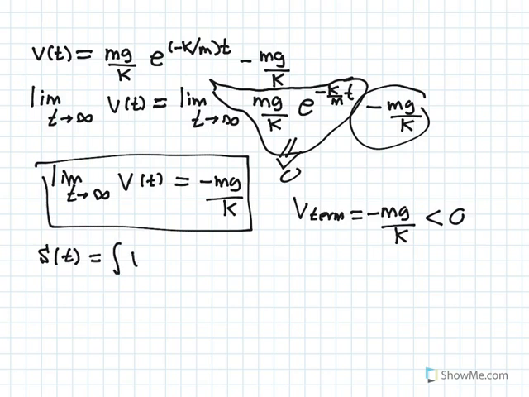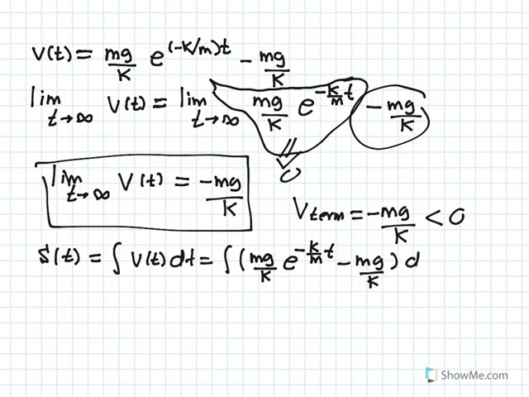So let's integrate v of t dt. That's going to be the integral of mg over k e to the minus k over m t minus mg over k, integrate with respect to t. So we get s of t is equal to mg over k e to the minus k over m t.